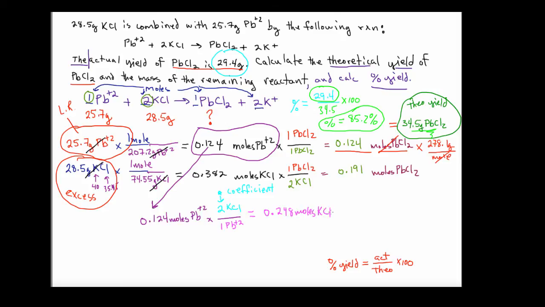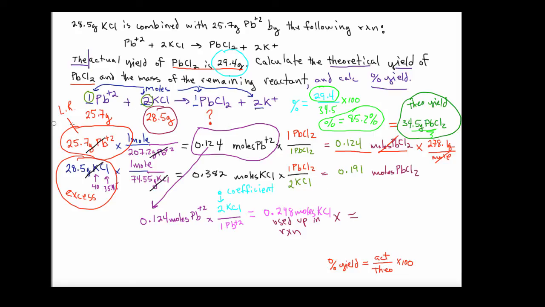of KCl, and this was used in the reaction, so I'm actually going to put that in words so I don't lose sight of what it is I'm solving for. Used up in reaction. I'm going to take this to mass because I was given mass of the KCl to start with.